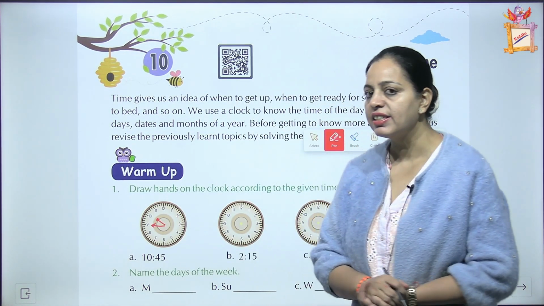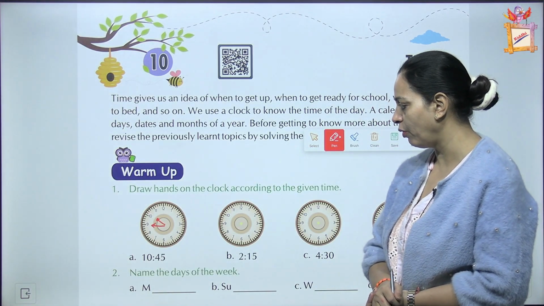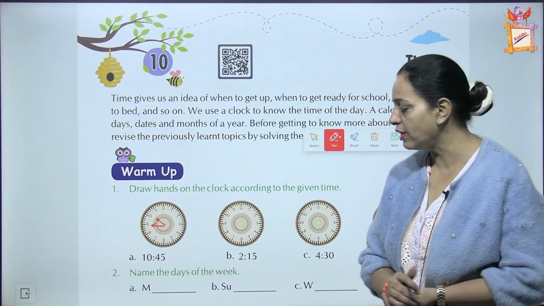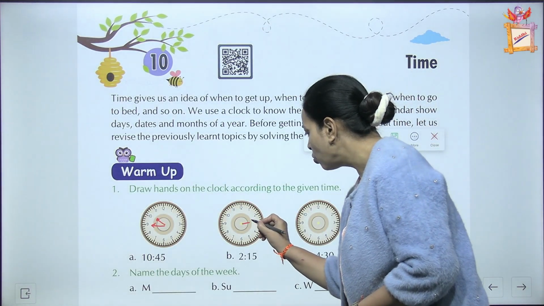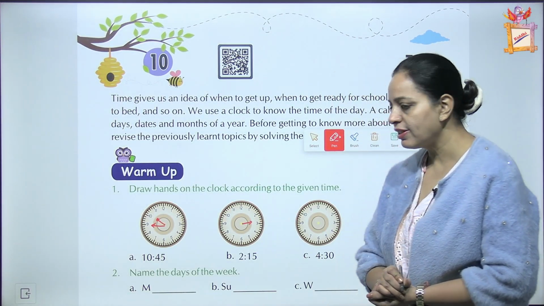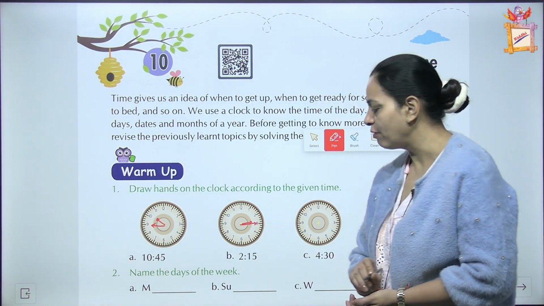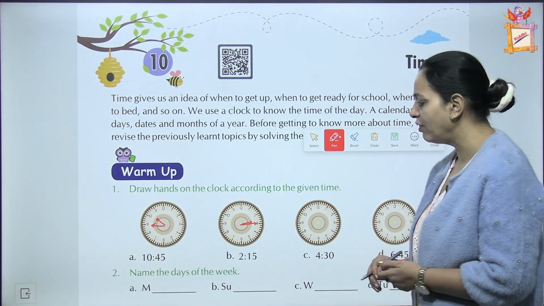This is 10:45. Okay. Now 2:15. It means our hour hand is between 2 and 3 and the minute hand is at 3. So like this you can complete these two.